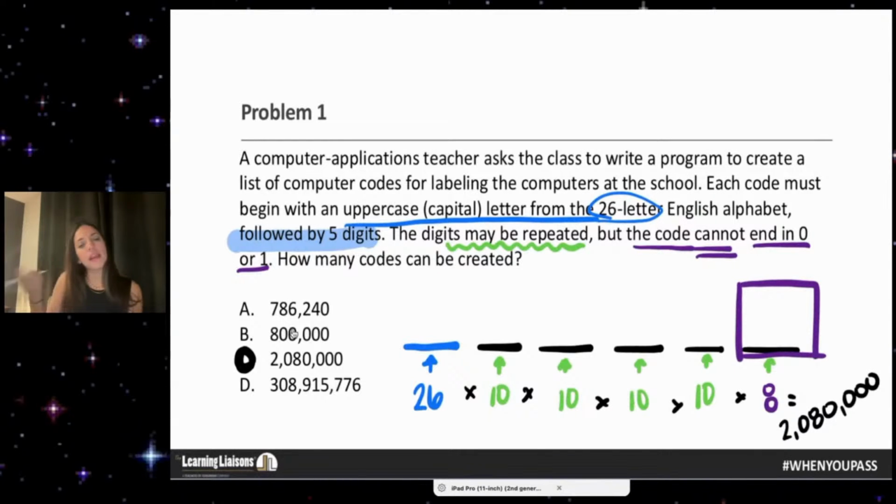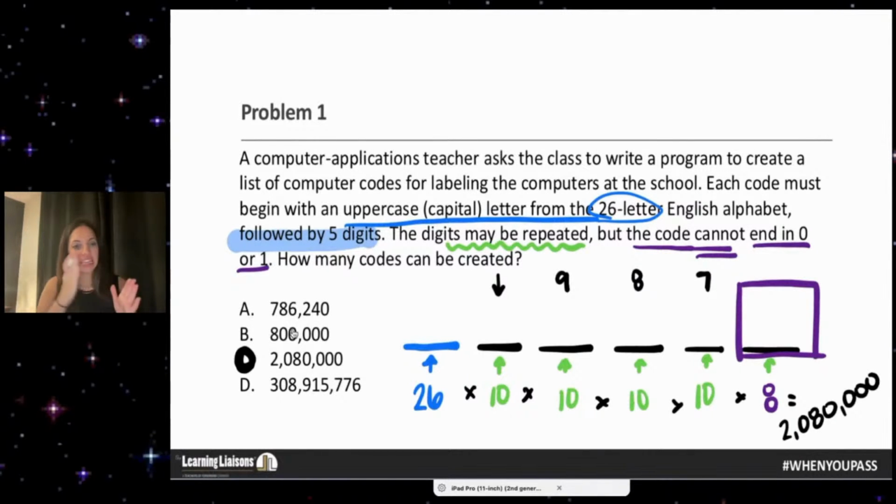Now, what if they said the digits may not be repeated and the code cannot end in a 0 or 1? Then in that case, we would have 10 options here, 9 options here, 8 options here, 7 options here, and we would scale it down to 6.